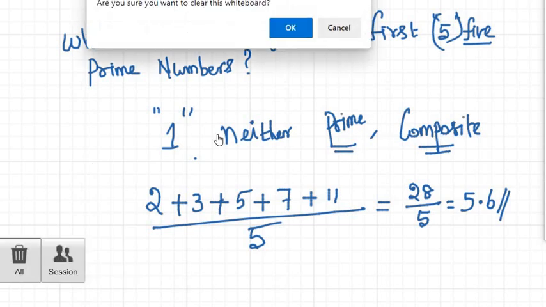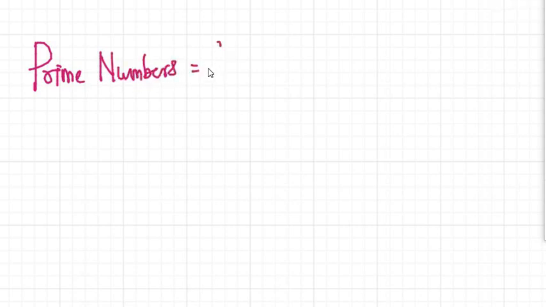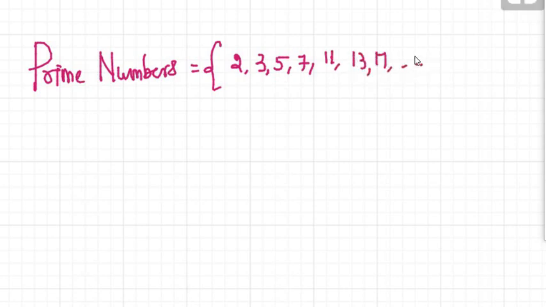I'll write again. So what are prime numbers? Prime numbers consist of 2, 3, 5, 7, 11, 13, 17 and so on.